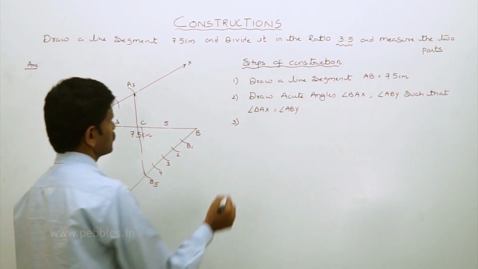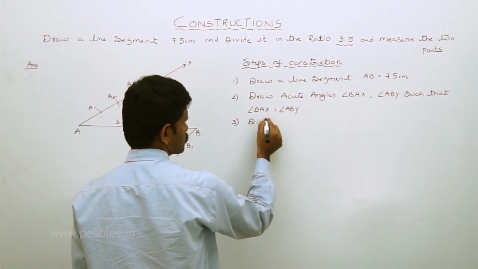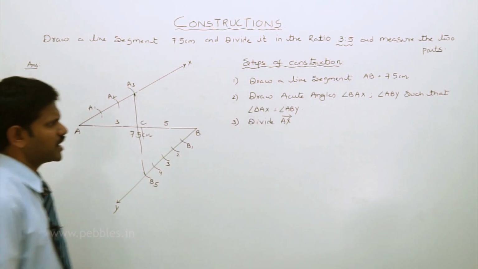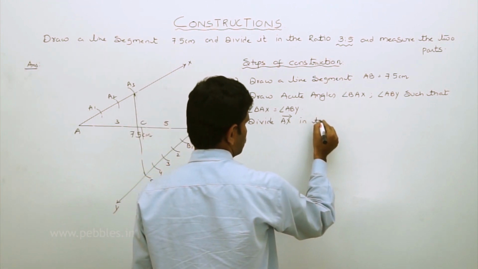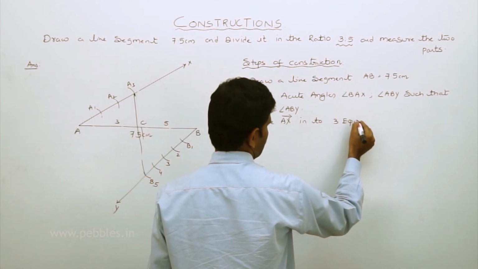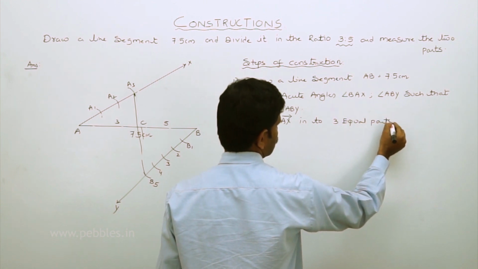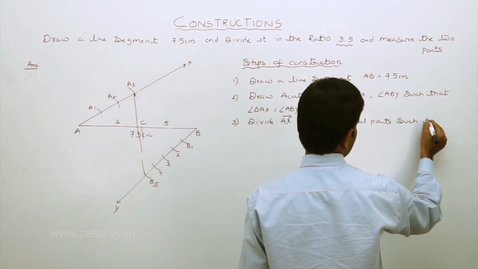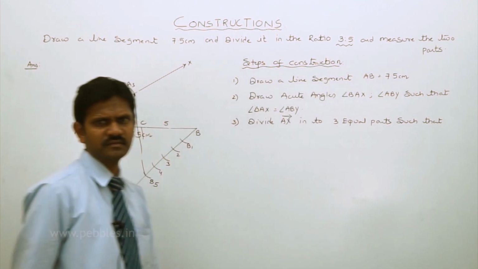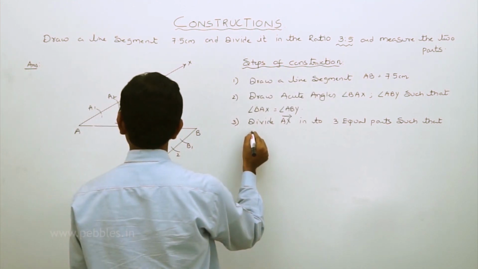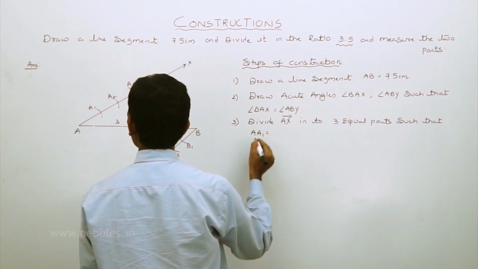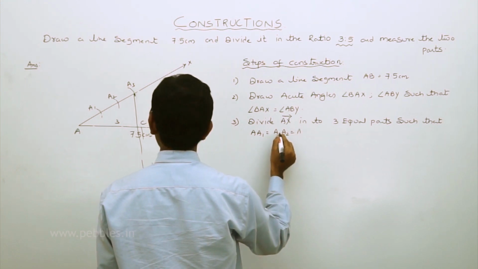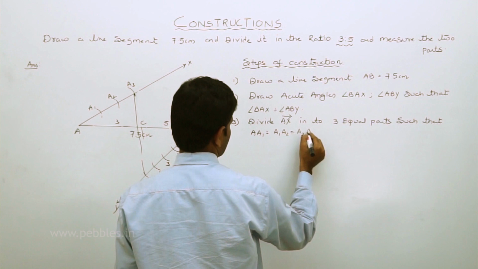Third, divide AX, which is a ray, into 3 equal parts such that AA1 is equal to A1A2 is equal to A2A3.